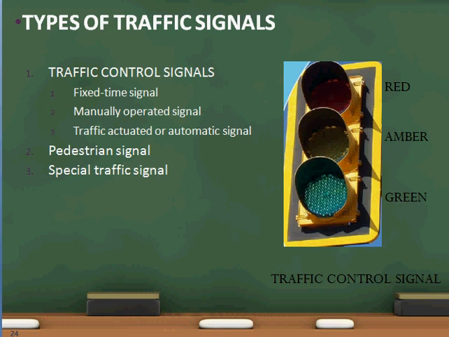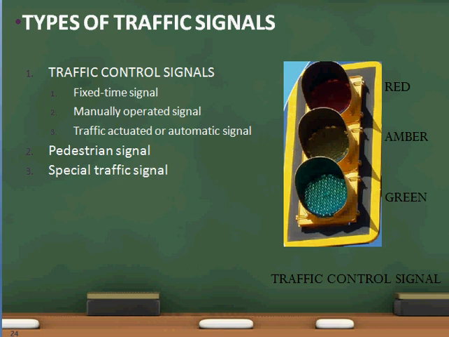When the pedestrian signal indicates green, pedestrians can cross. When it is red, the pedestrians have to stop. Then we have special signals, like for accident prone zones, which can be shown by providing amber color, etc. It will be used for showing accident prone areas.